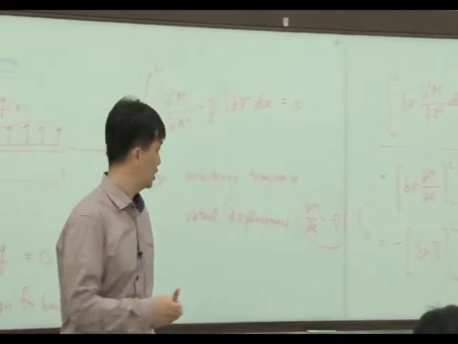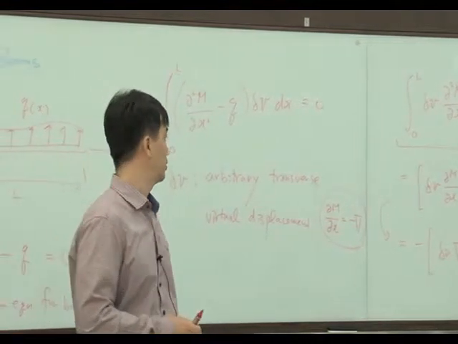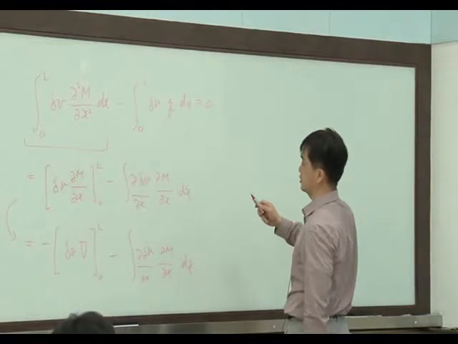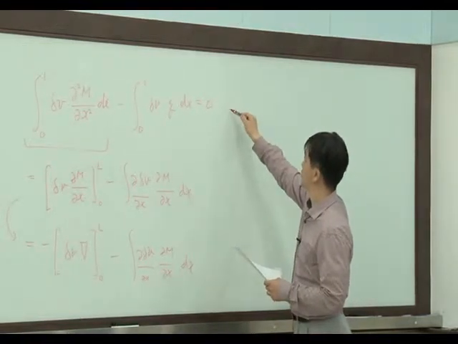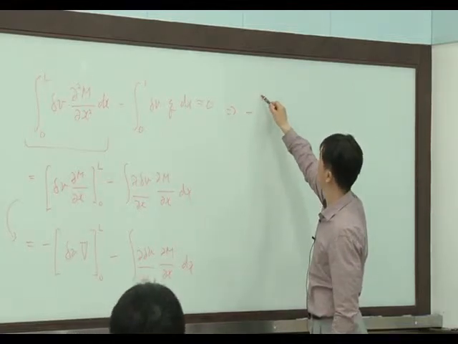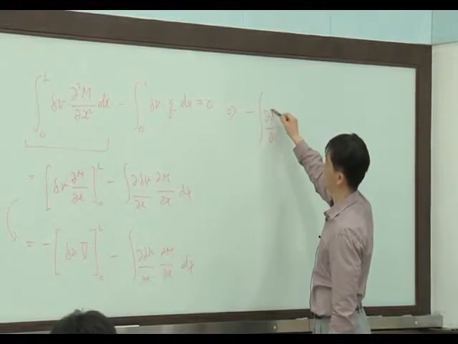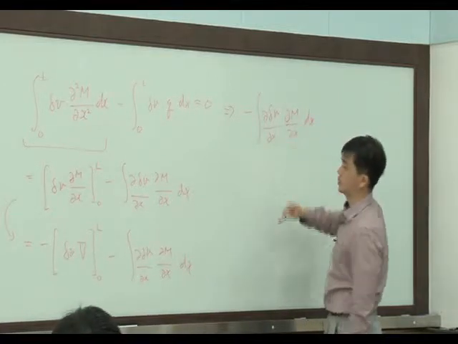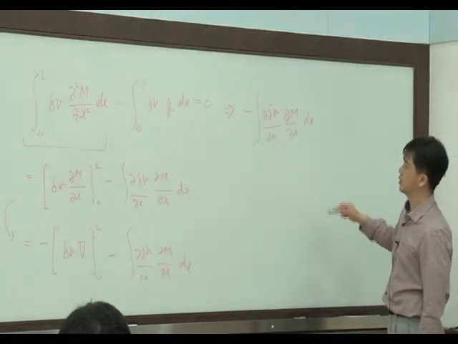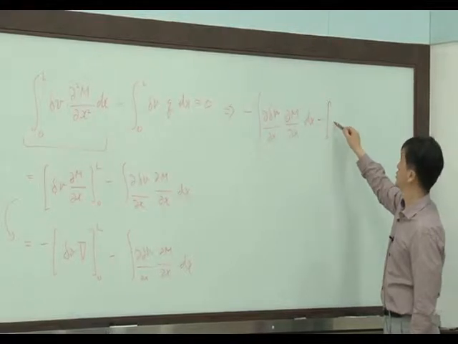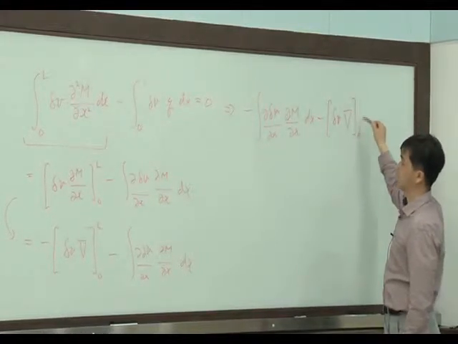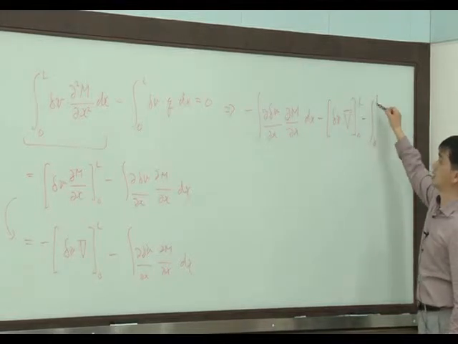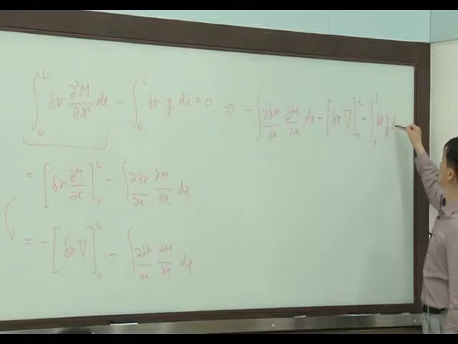Then I can rewrite this equation: minus v V from 0 to L, minus the integral from 0 to L of v' m' dx, minus the integral from 0 to L of v q dx equals 0.